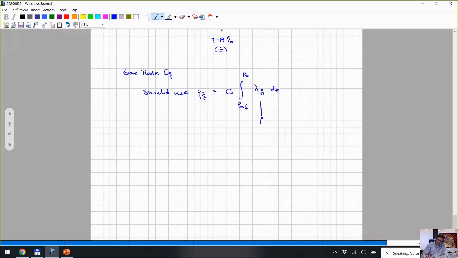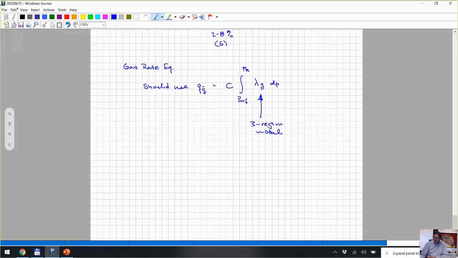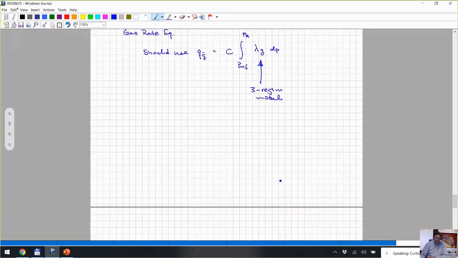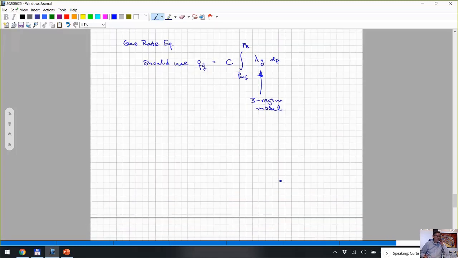And then that should be this 3-region model. But that doesn't happen. In imbal, if you want to couple it with a well deliverability model, then you have to have it in Prosper. And in Prosper, you don't have this option. You can have a skin, a constant skin, mechanical skin, or something like this, which is accounted for the logic.